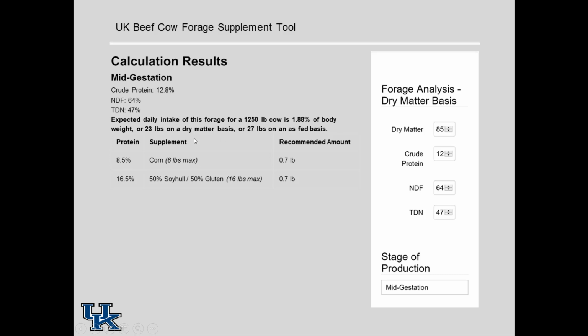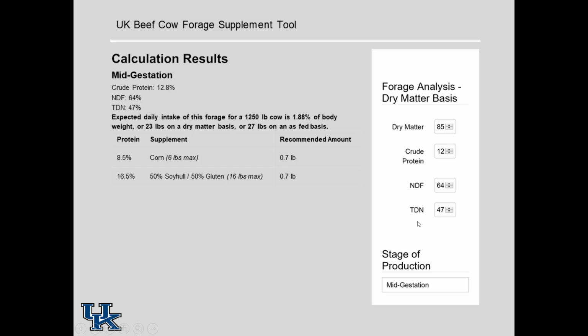And then you have to pick in the model what you're going to supplement with. This is going to take a little bit of corn and a little bit of a 1-to-1 soy hull corn gluten mix to meet the needs of this dry cow. So this forage is poor enough that we needed a little bit of supplementation, mainly in the form of energy, to get this energy need met.